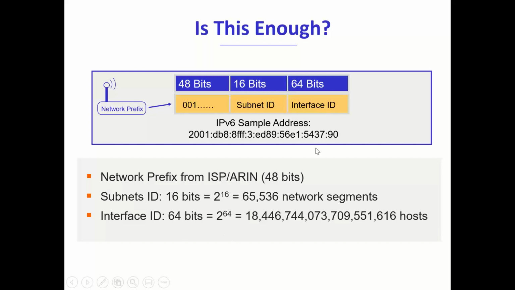Let's assume we've got this /48 for a site from ARIN or from an ISP. For your subnet ID, we've got 16 bits, so we've got 2 to the 16, or 65,536 actually, network segments. And for the interface ID, you've got 2 to the 64th.